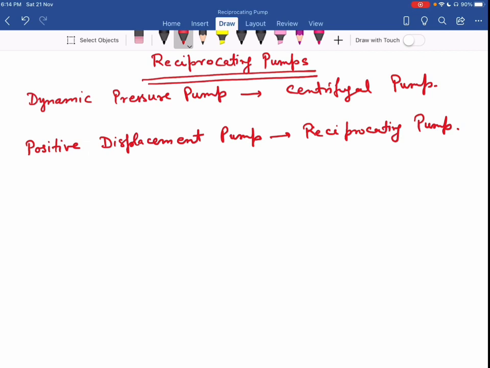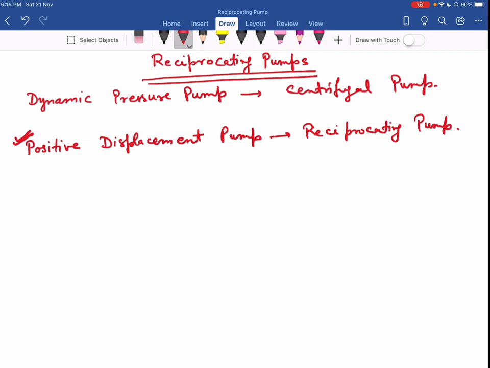The working principle of the reciprocating pump is altogether different from that of the centrifugal pump. Reciprocating pumps are also called positive displacement pumps. This is because a small quantity of liquid is taken into the chamber and is physically displaced and forced out with pressure by the moving element.